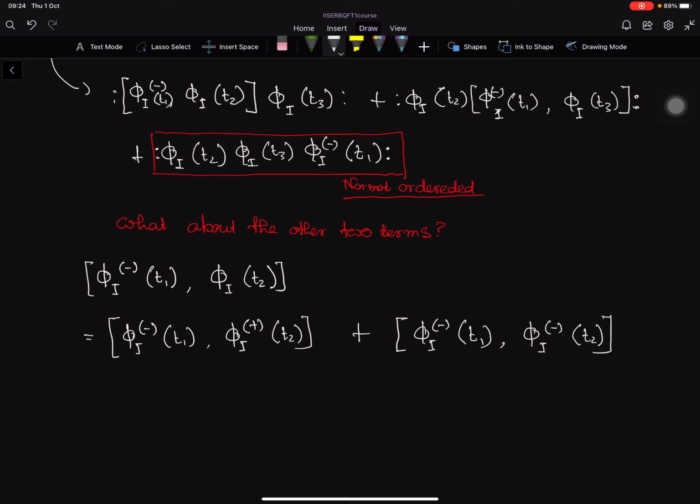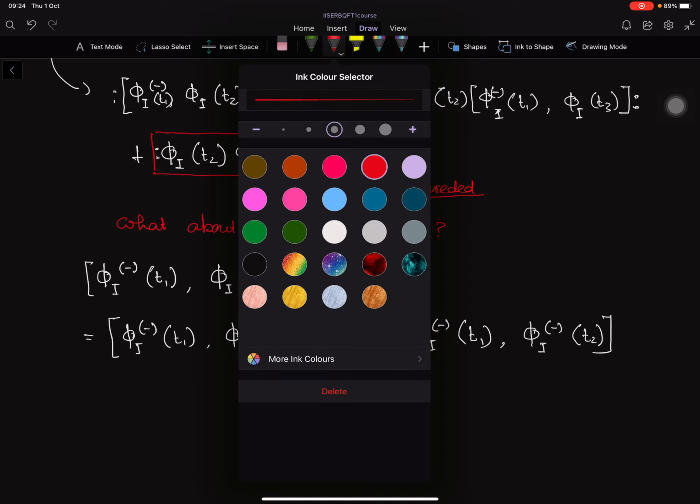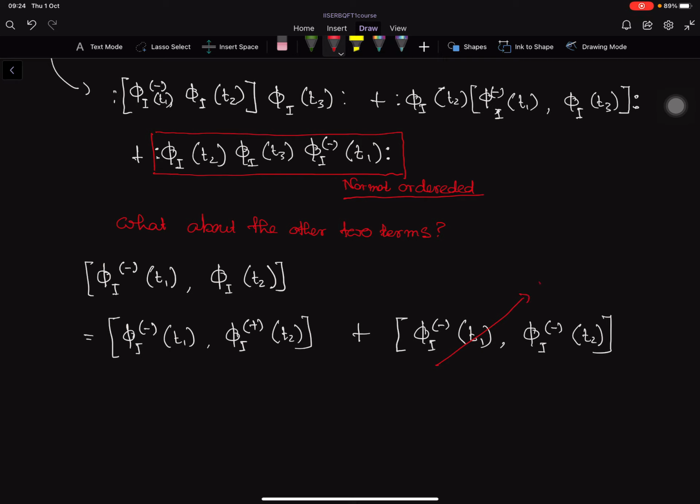Now this term is automatically 0, because both have annihilation operators.